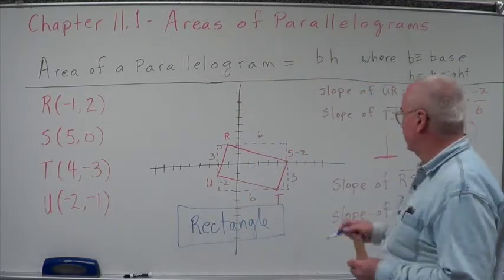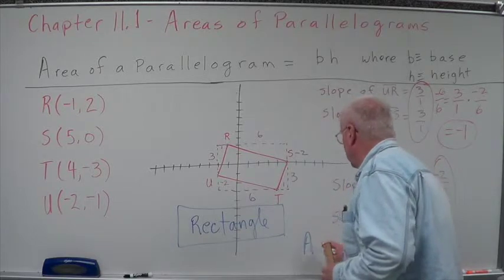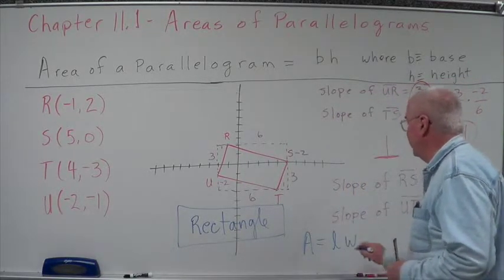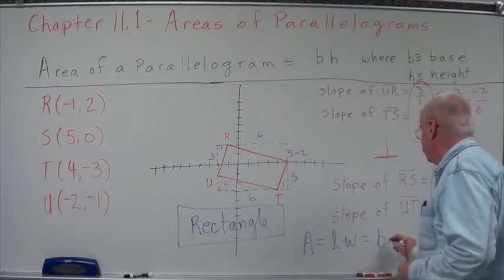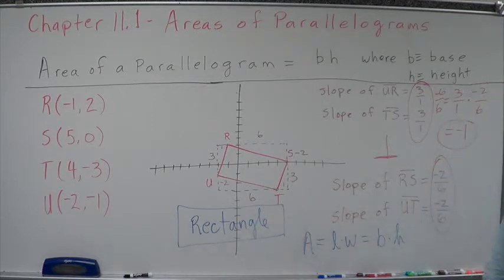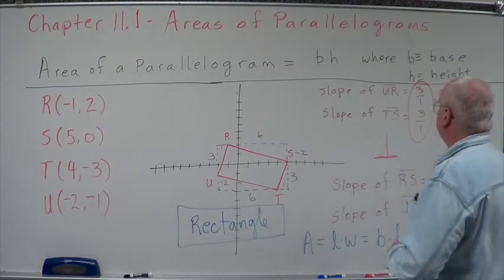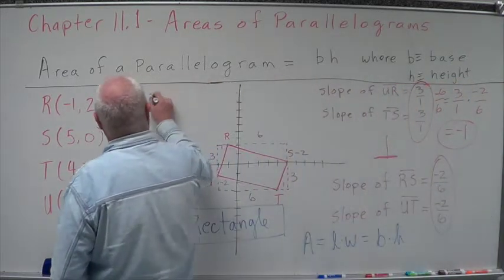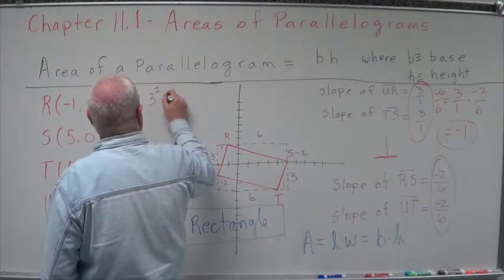Okay? What's the area of a rectangle? Length times width equals base times height. So all we've got to do is find out what the length of each one of these is, and we'd be home free. Well, we've got it set up. We've got 3 over 1. So we should be able to do the Pythagorean theorem.